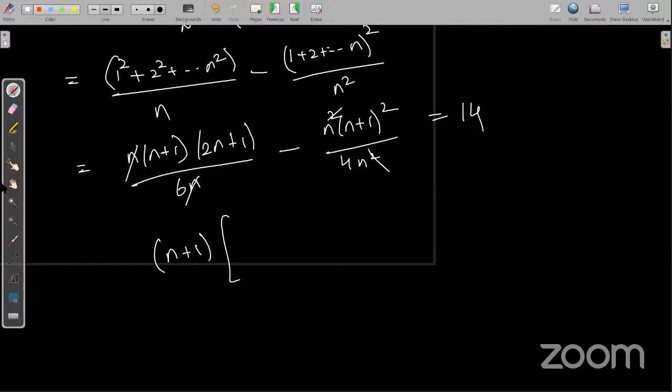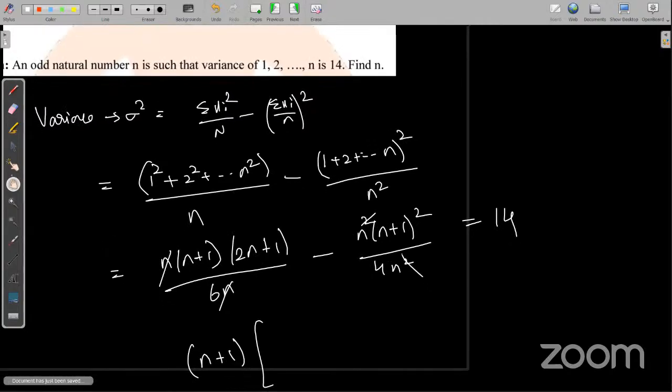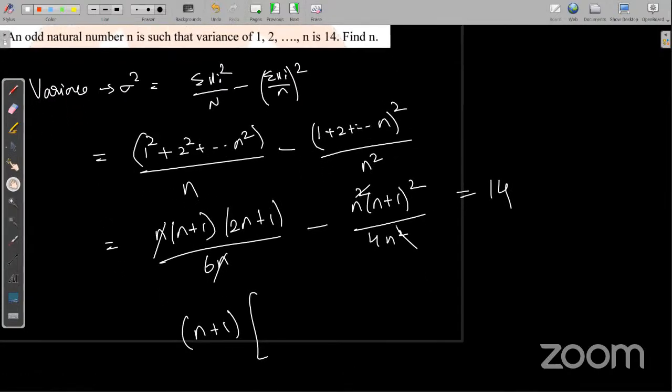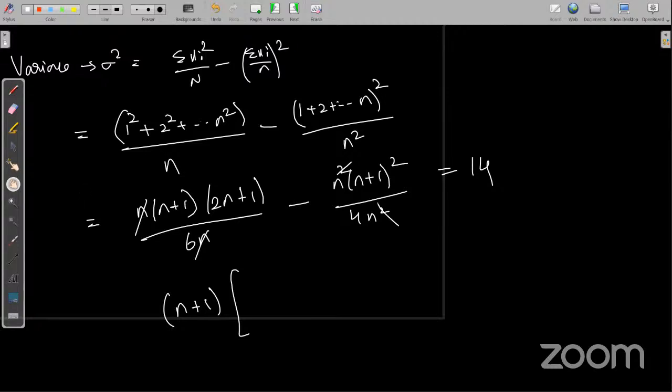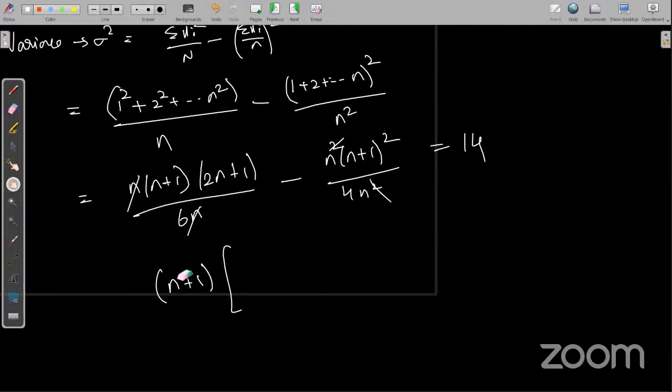Give me 1 second, guys. So here, everything is fine. n into n plus 1 into 2n plus 1 by 6. If we simplify this and take an n common, the other n we can also cancel, right?